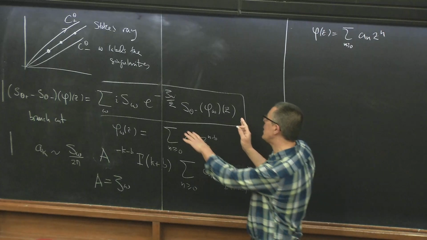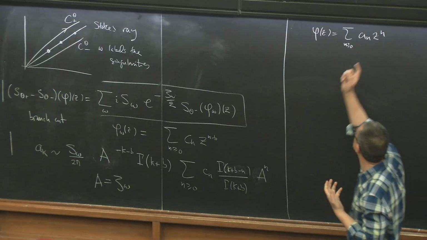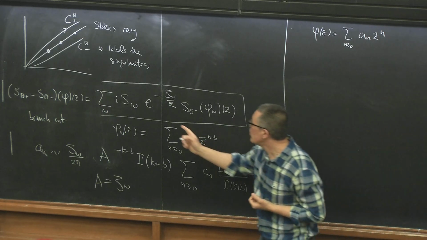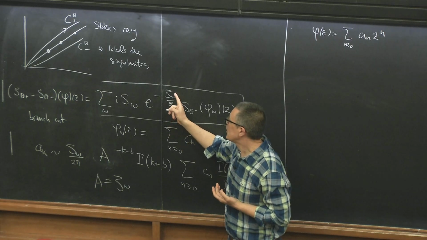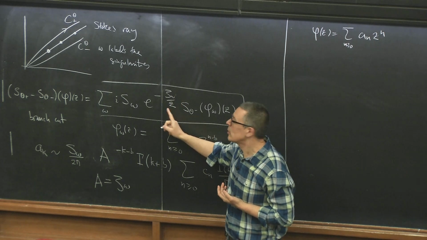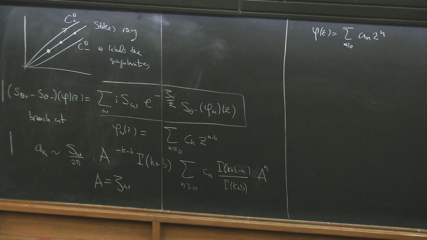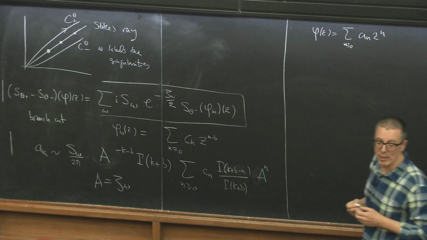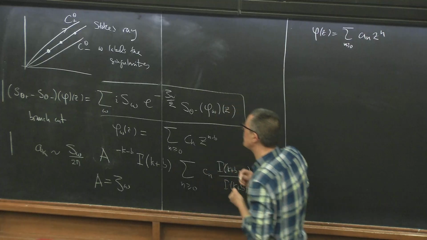So you can think about the series as containing two small parameters. One is z, the variable in which we expand, which is a small parameter, but another small parameter is e to the minus zeta omega over z. If this has a positive real part and z is very small, this is very, very small. So we can think about this as a small parameter, which is in principle invisible in standard Taylor expansions. That's why this is the kind of thing that is invisible in perturbation theory.